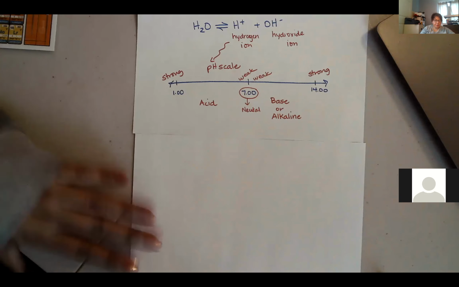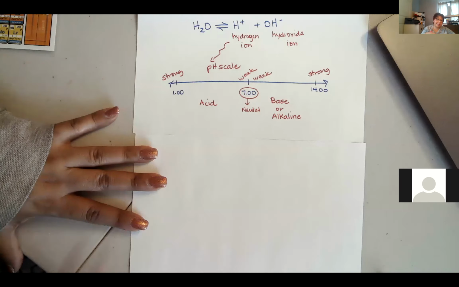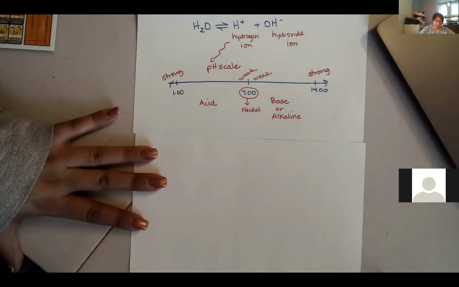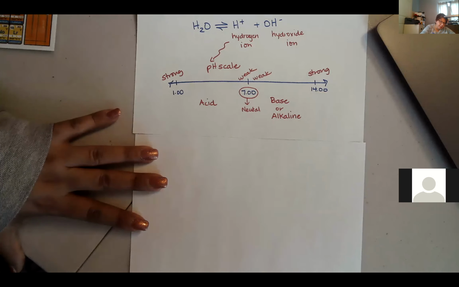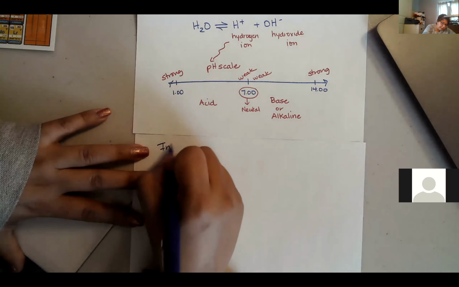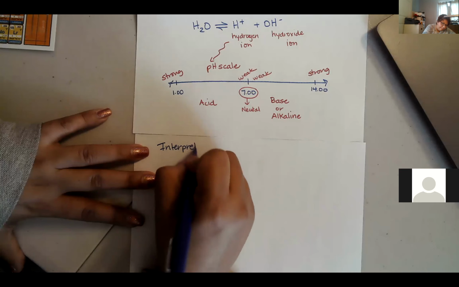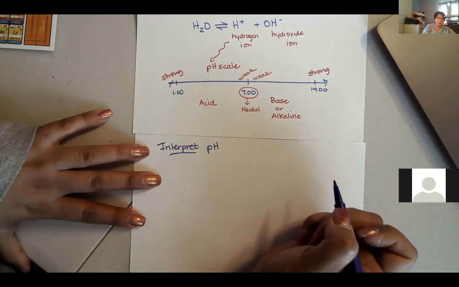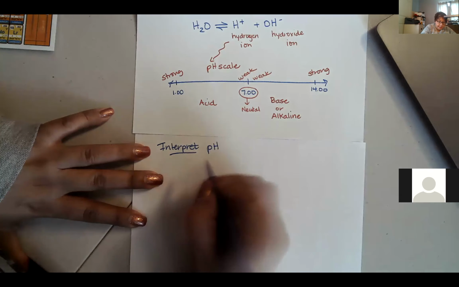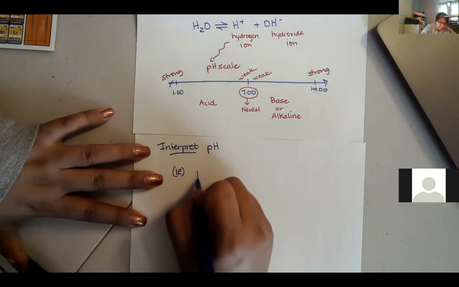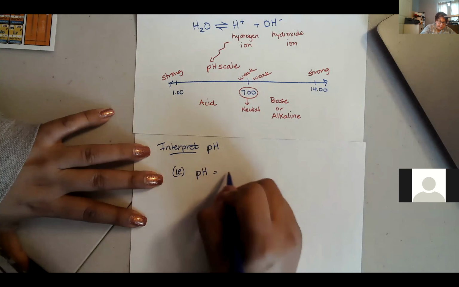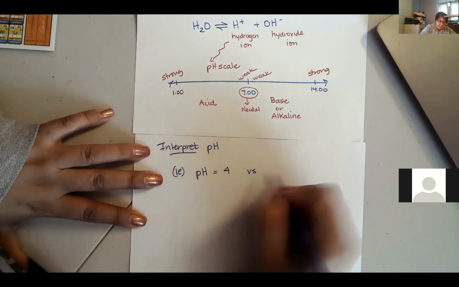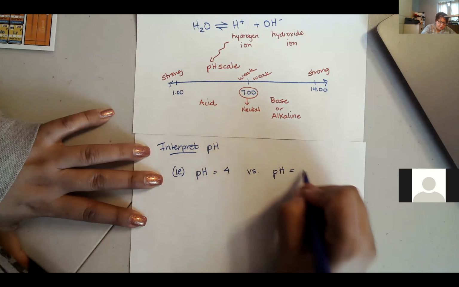Now, if we were in a chemistry class, I would have you learn to calculate pH. I'm not going to make y'all calculate pH, but you do need to interpret pH. So you don't have to calculate it, but you need to interpret it. So let's say you're going to compare two pH values, like a pH of 4 versus a pH of 6.